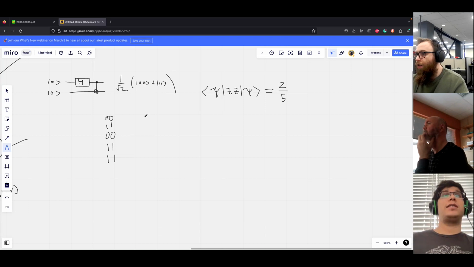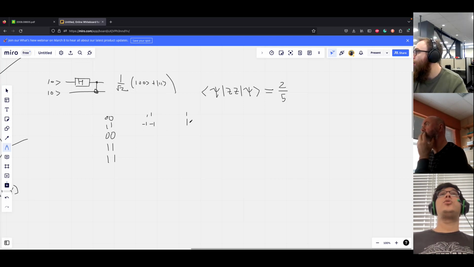So you have 0, 0, that you replace by 1, or 1, 1. I think it's 1, 1. And then the -1 corresponds to the other one. So every time when you multiply, this gives you 1 all the time. Now you end up with 2/5 for the 0, 0 state, and then 3/5 for the 1, 1 state, and you have the same eigenvalue. So you get 1.